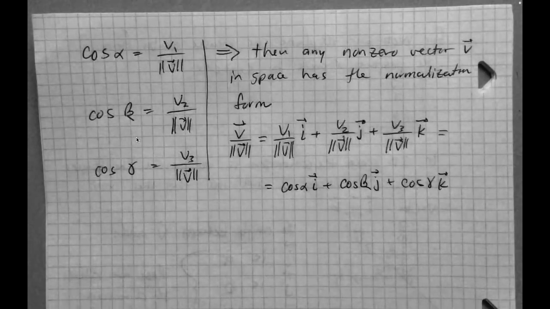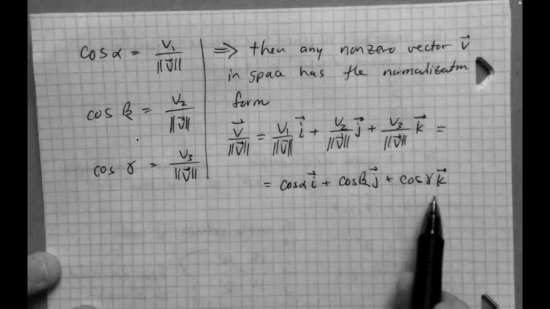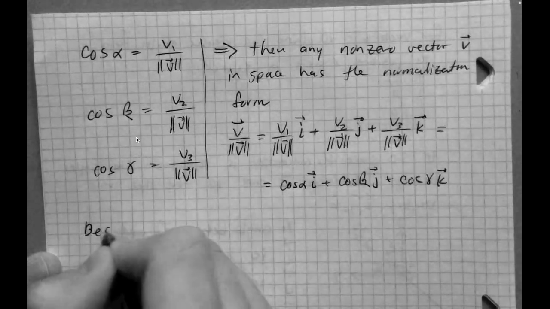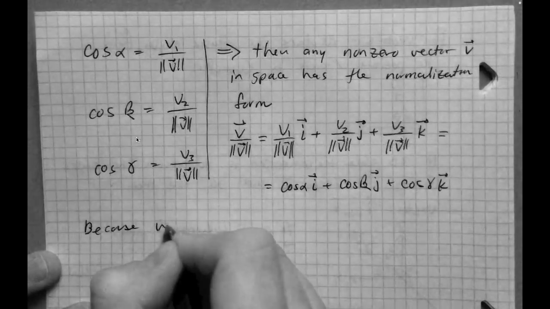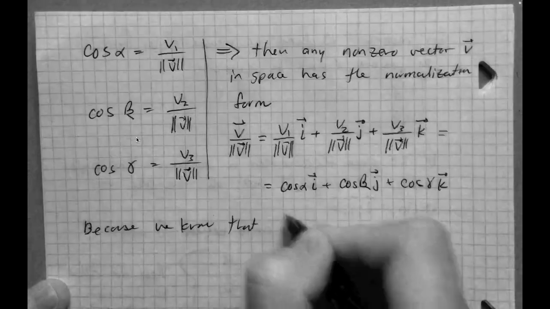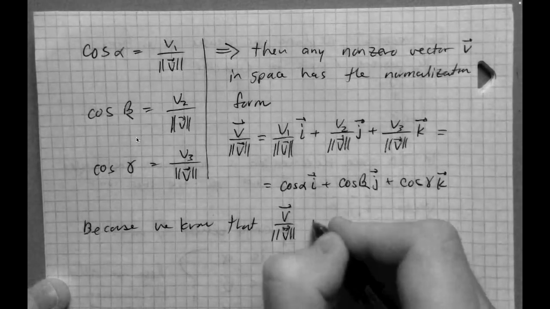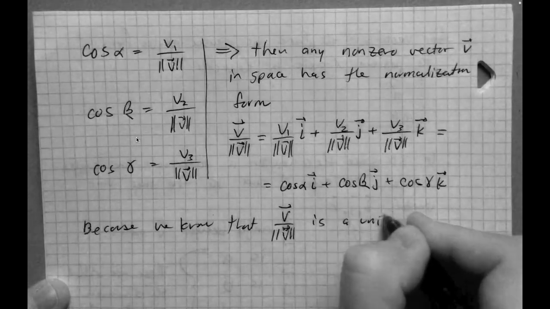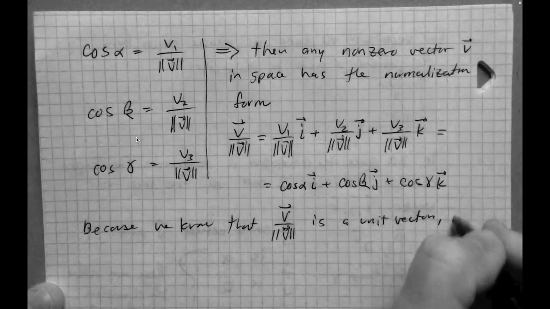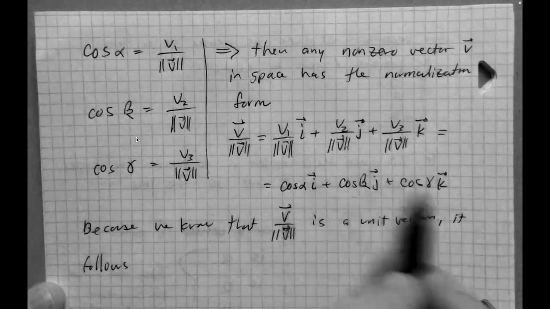Now this is a beautiful piece of it, right? Because we know that v divided by its norm is a unit vector, it follows that this is going to be a unit vector.